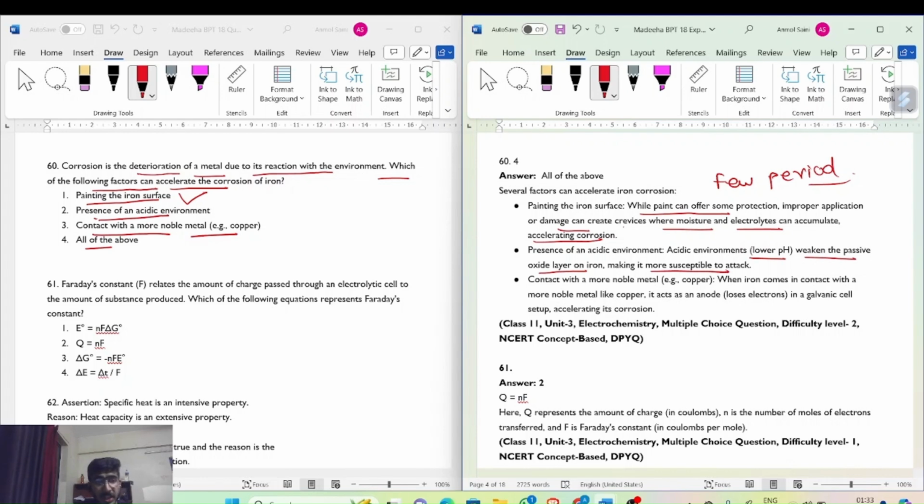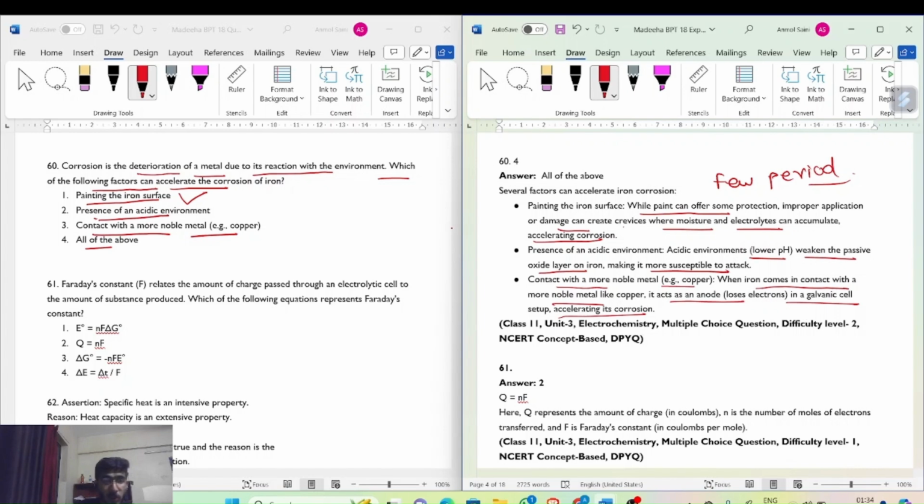Now option number C, contact with a more noble metal, for example copper. When iron comes in contact with a more noble metal like copper, it acts as an anode which loses electrons in a galvanic cell, and the rate of corrosion will be accelerated.